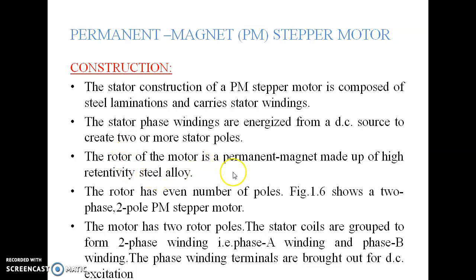The rotor of the motor is a permanent magnet which is made up of high retentivity steel alloy, and the rotor has even number of poles that we have already seen in the diagram. The motor has 2 rotor poles. The stator coil is grouped to form a 2-phase winding, that is phase A winding and phase B winding. The phase winding terminals are brought out for the DC excitation.